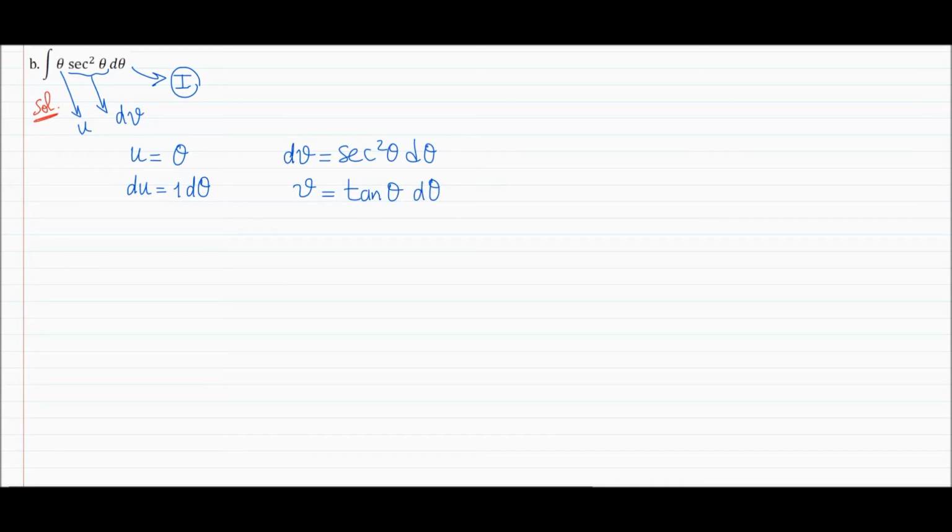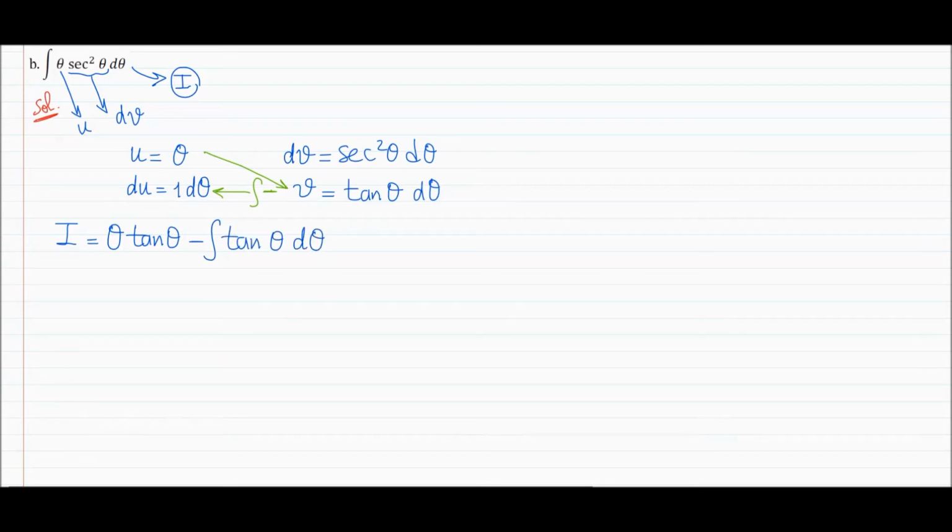And now the ladder of our problem: multiplication of this by this minus integration of this by this. So I will be equal to theta tan theta minus the integration of tan theta d theta.